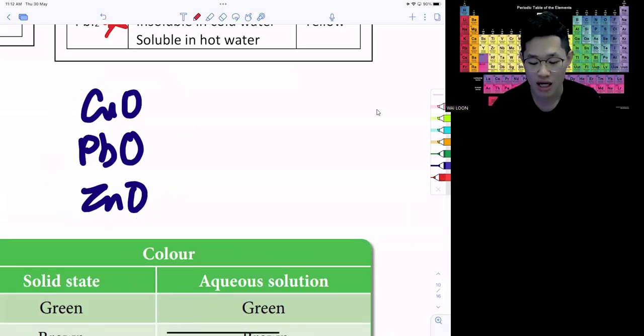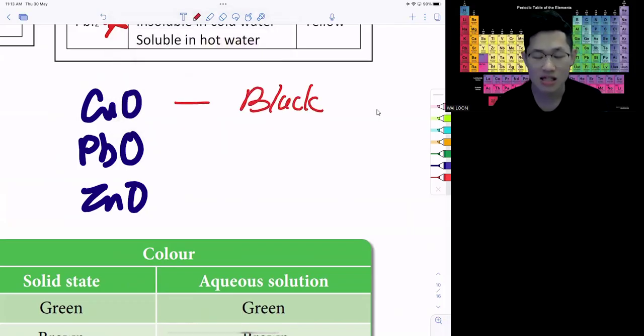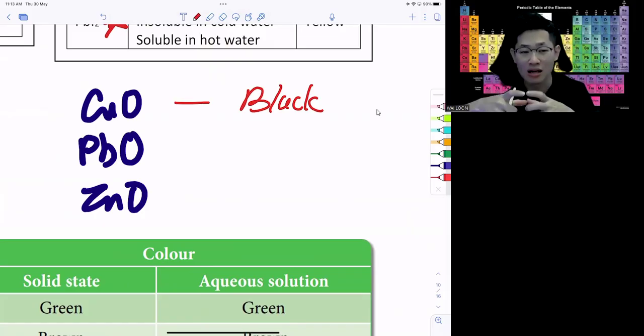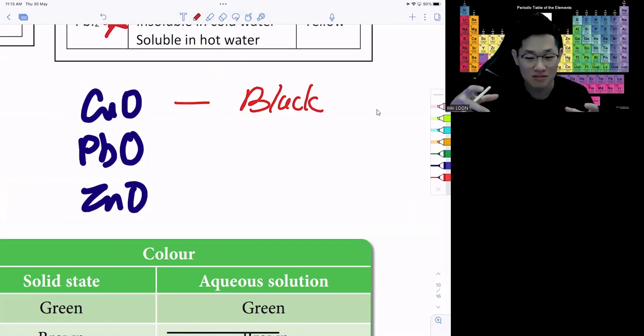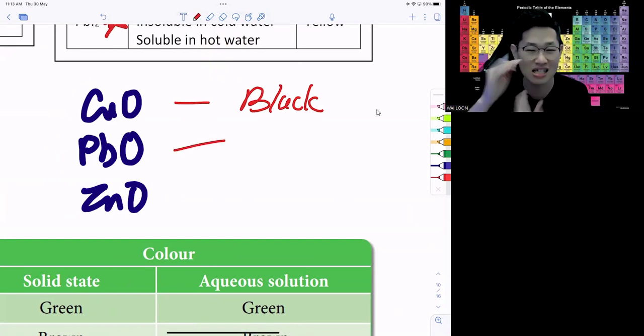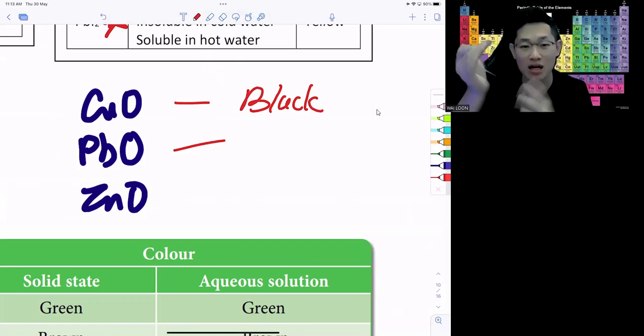Starting with copper(II) oxide, black color. That means it starts with the darkest color. It's like when I buy a color pencil, it starts with the darkest color, black. Then the next color group, not gray; gray is the same color group, it's just that black becomes lighter.